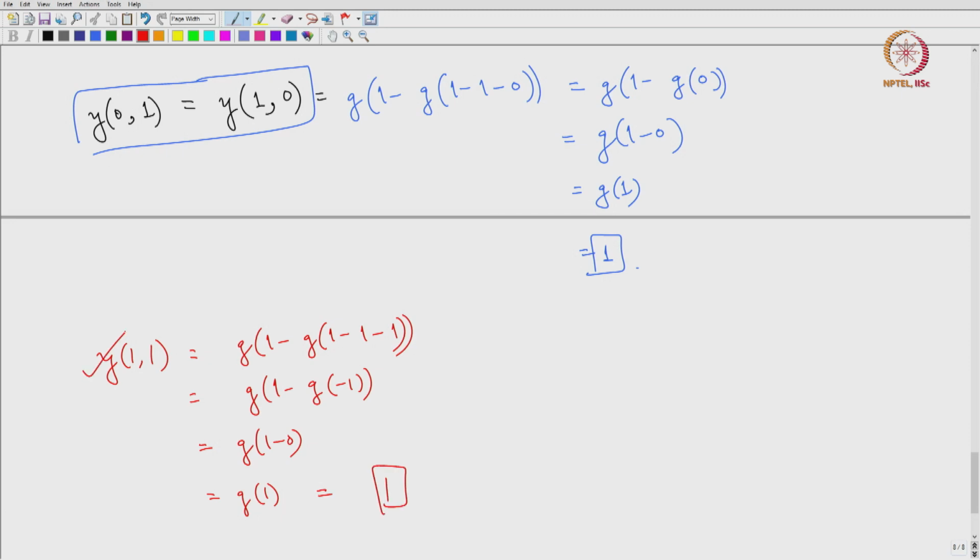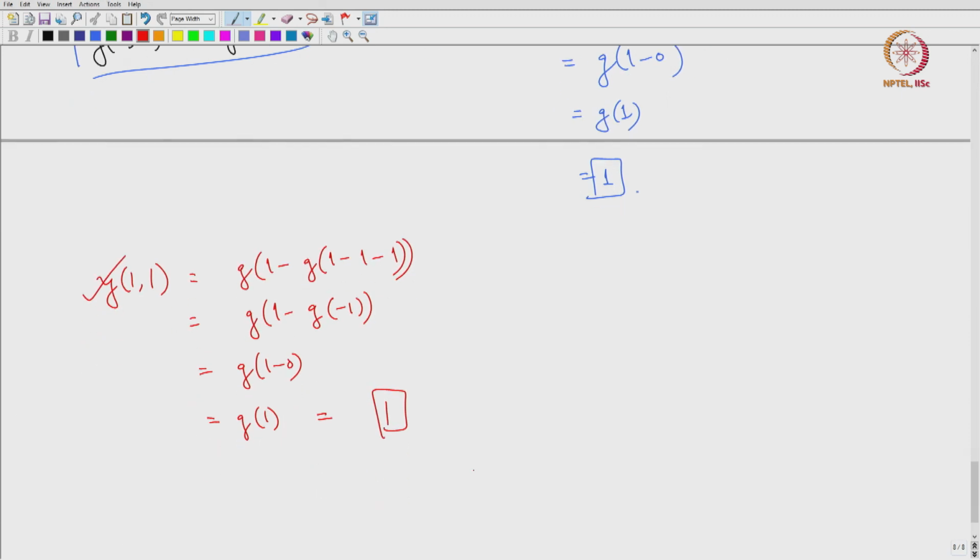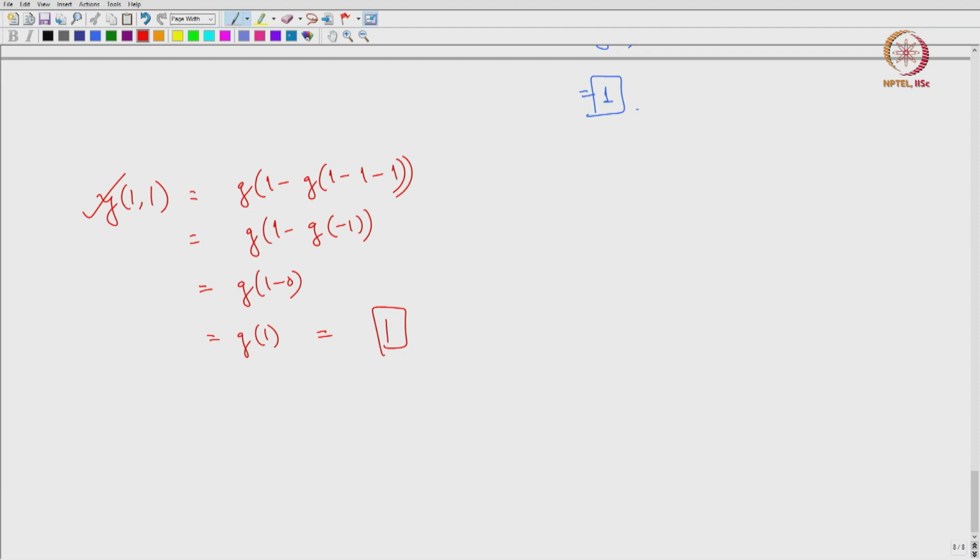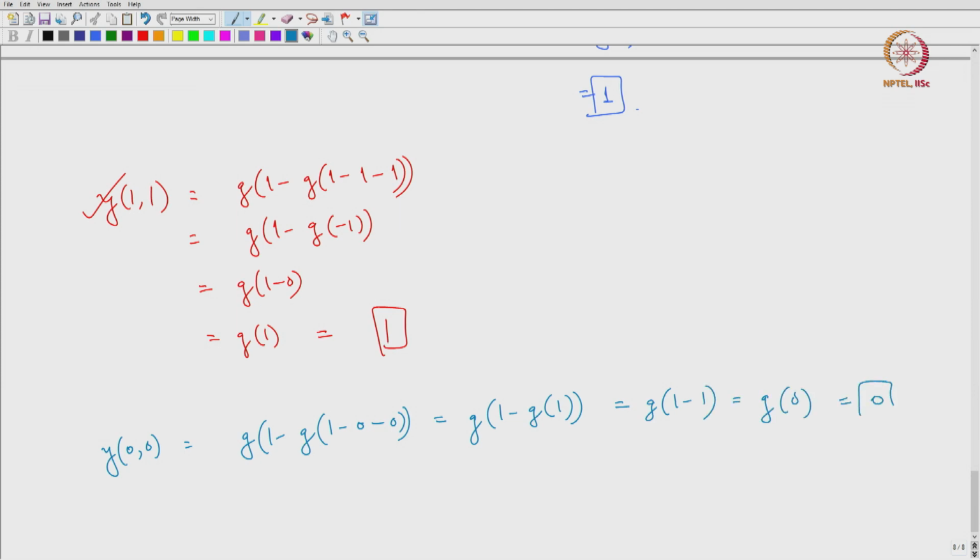So when the input is 1 comma 1, the output is also 1. And finally you can test the last case, which is y(0,0). So this is g of 1 minus g of 1 minus 0 minus 0. So that is g of 1 minus g of 1, and you know that g of 1 is 1. So that becomes g of 0, which is simply 0.